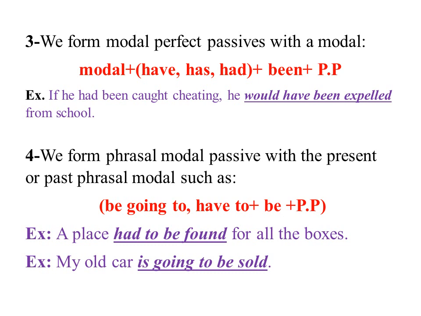See this example: a place had to be found for all boxes. Here we have had to plus be plus past participle. Next example: my old car is going to be sold. We have is going to plus be plus past participle.